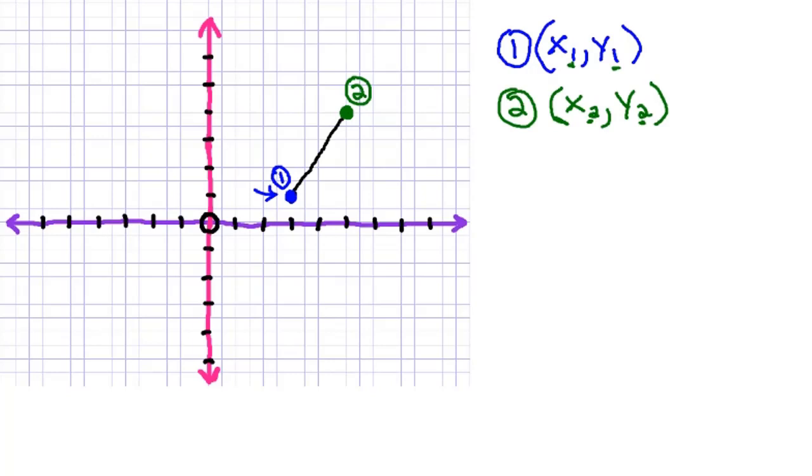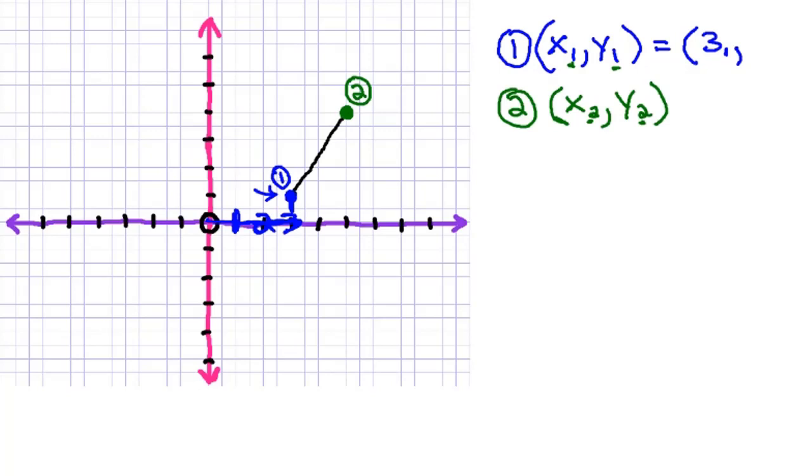So your first point, the x goes over from the 0, 1 notch, 2 notches, 3 notches. So that's your x value, at 3 notches over on the x-axis. So up here on the right, for your first point, you're going to write 3, and we're going to put a little 1 after it. So we can say that's our first x value, and then a comma.